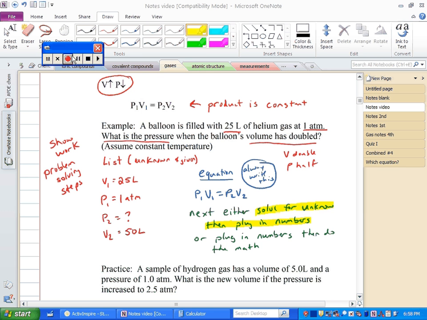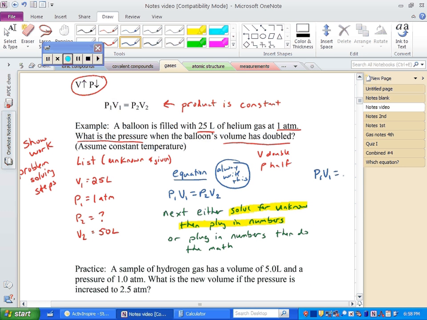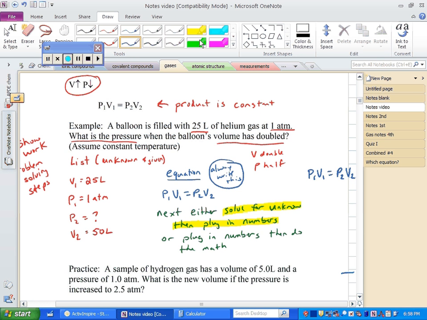So my P1 V1 equals P2 V2. P2 is my unknown, so that's the one that I need to get by itself.